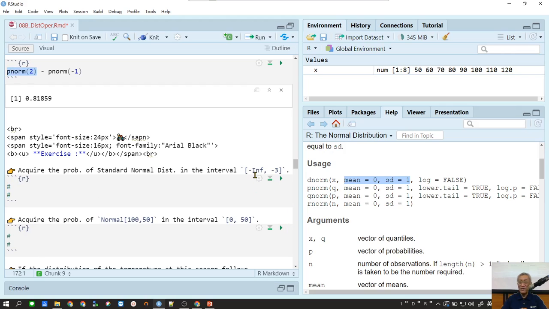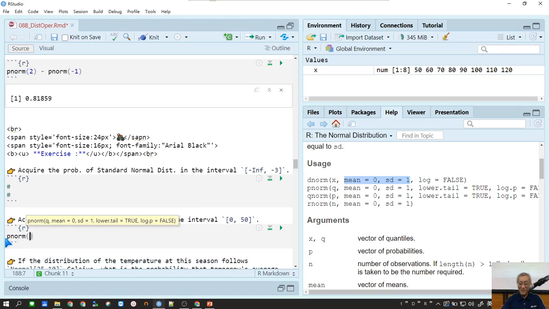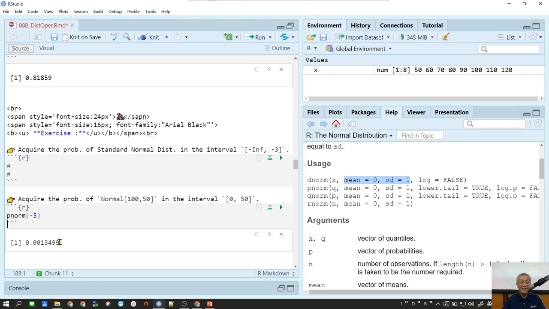But right now I'm talking about from minus infinity, which is the left tail. So this should be a very easy one. Just P norm of -3, right? This is the answer.